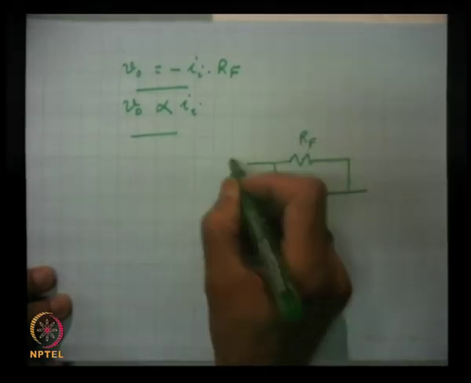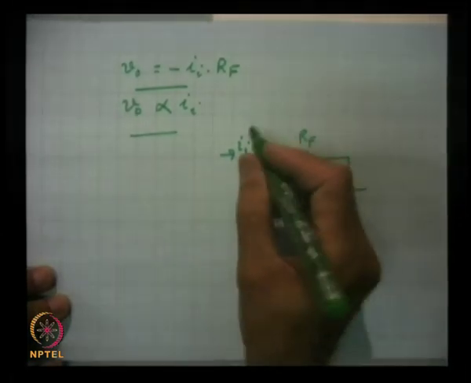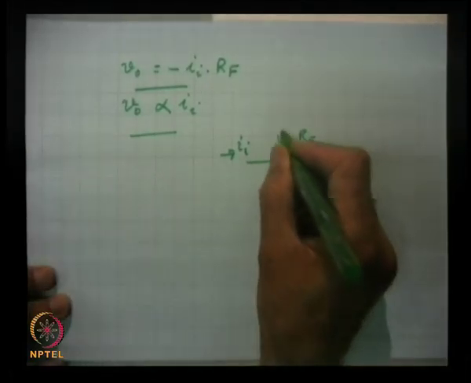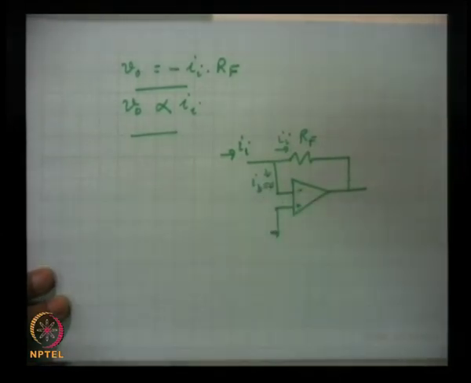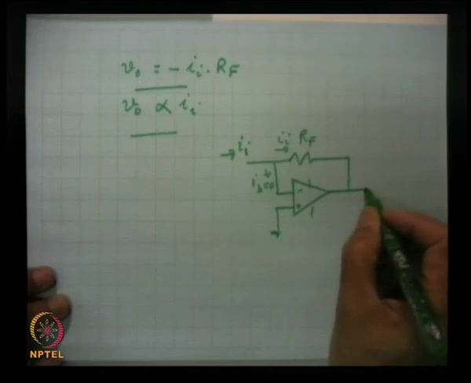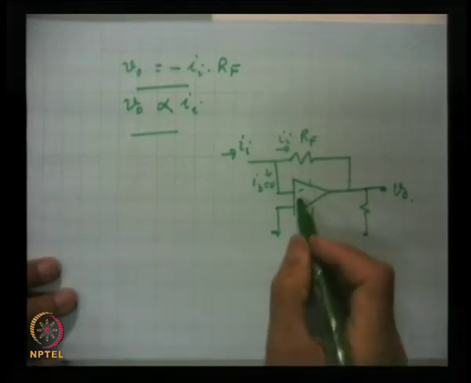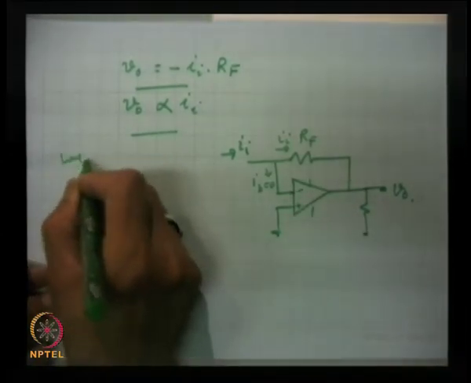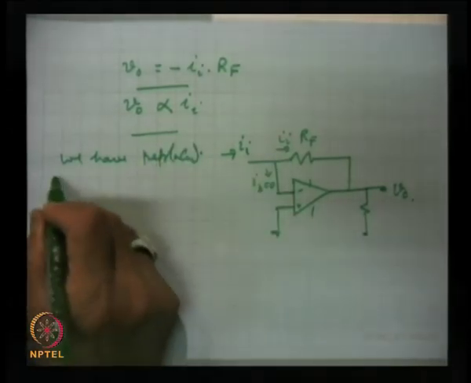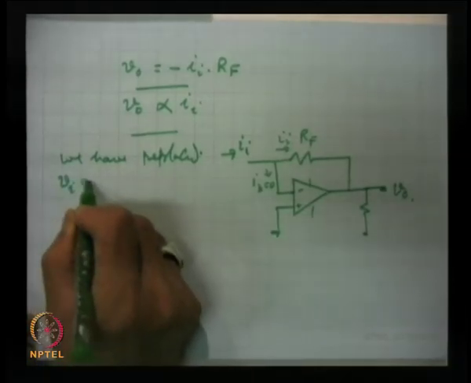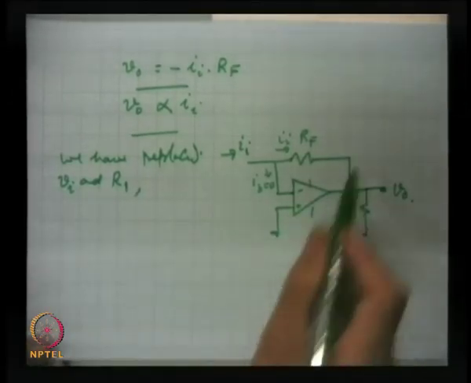This is RF, this is current I1, and this is the same as I here, because this current IB is very close to 0, and we have replaced the voltage source Vi and resistance R1 by its current equivalent, and we get this circuit.